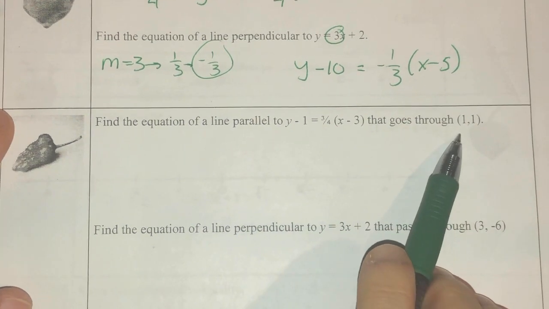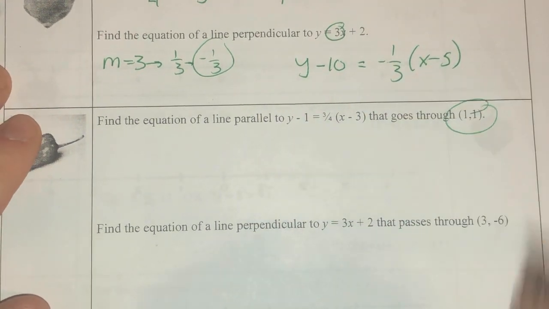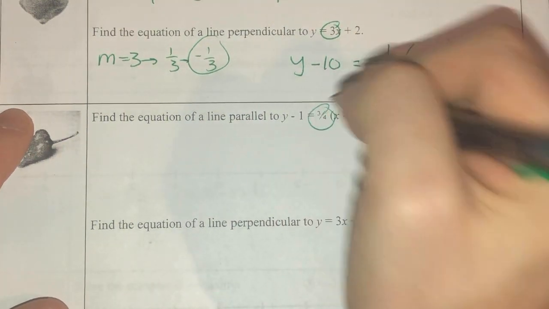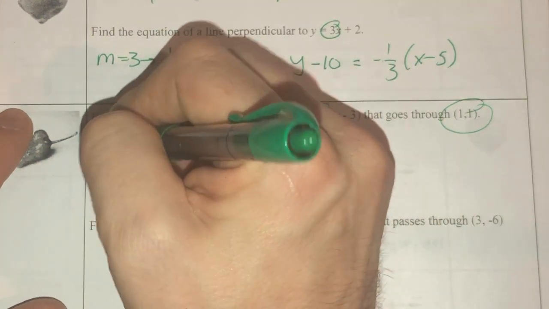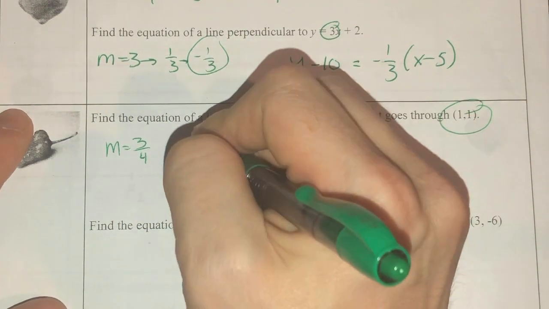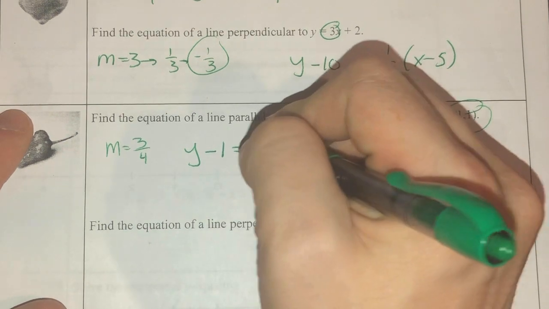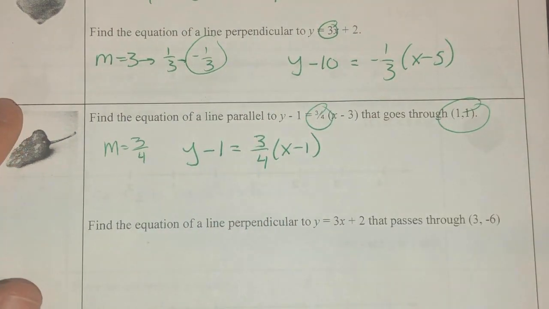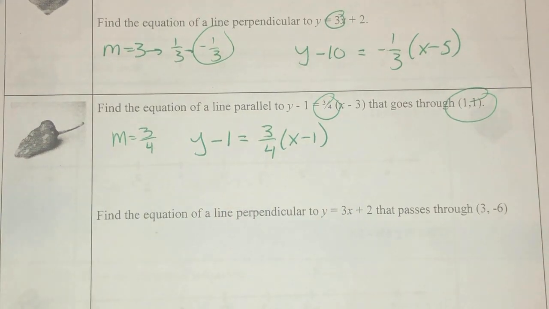So this only has one answer, and the reason is this has to go through a particular point. So remember, first we go parallel. The slope is 3/4. Now it's got to go through 1, 1. So I've got y minus 1 equals 3/4 times x minus 1. I do it in point slope because then you're not solving for b anymore. You're just trying to get it to go through 1, 1. Perfect. Leave it in point slope.